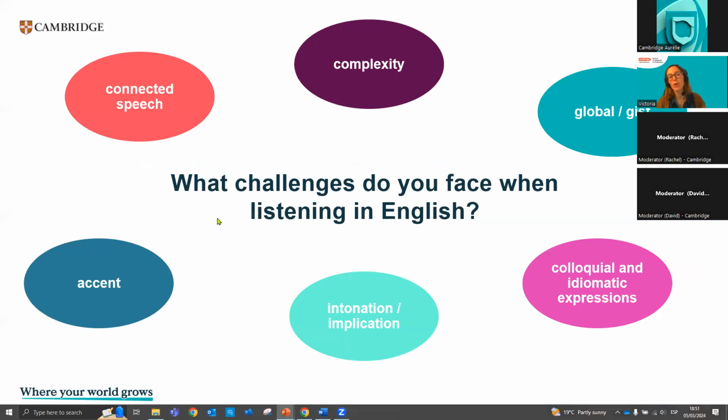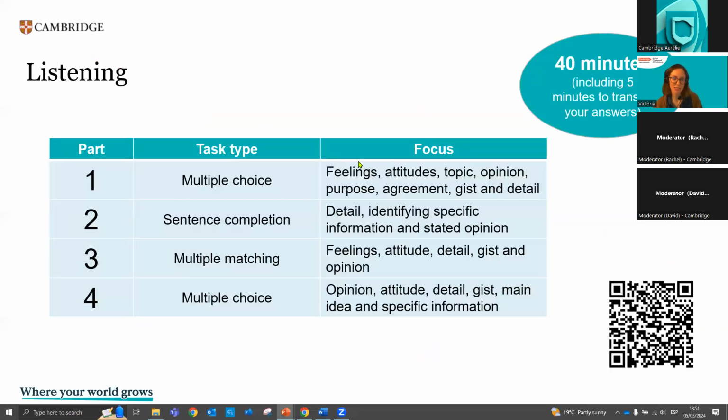Yes, so you've mentioned all of it: connected speech, accent, intonation, what it implies, colloquial use of expressions as well, of language, deciding what to focus on, the complexity also of the task in itself. So these are the challenges.